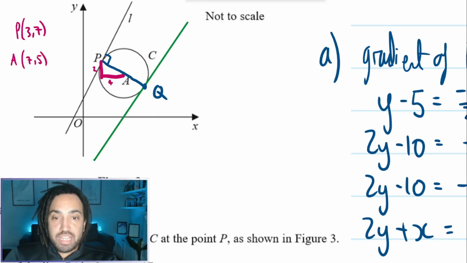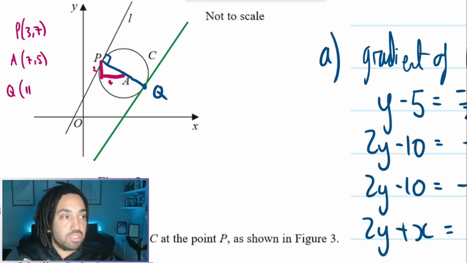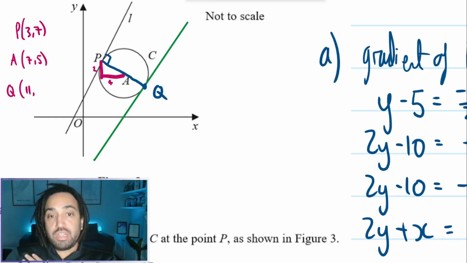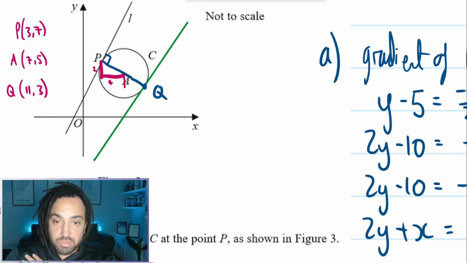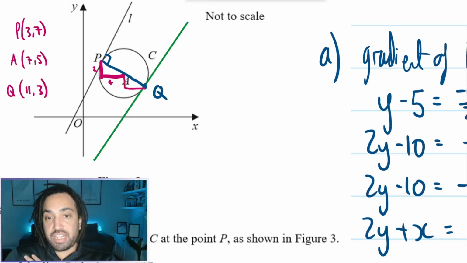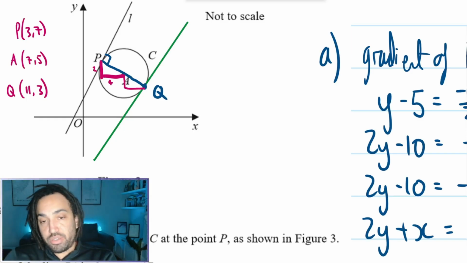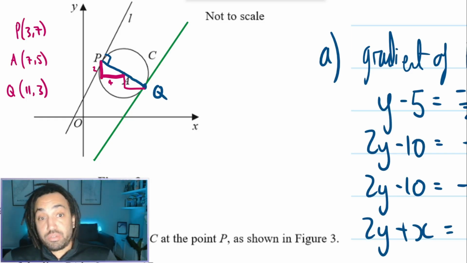To get from P to A, you've got to shift along 4 in the x coordinate. So to get to Q, because of symmetry, I need to shift on another 4 in the x coordinate, so I'll get to 11. And the y goes down by 2, so to get to Q, the y needs to go down by 2 again. We're creating a sort of staircase to get to Q, using the symmetry of the circle.